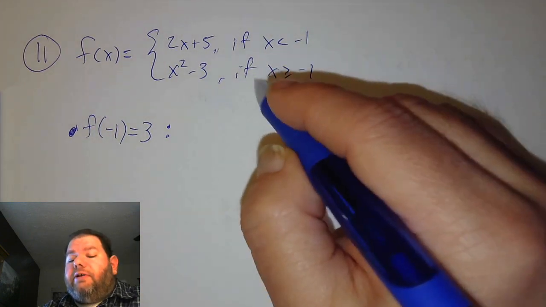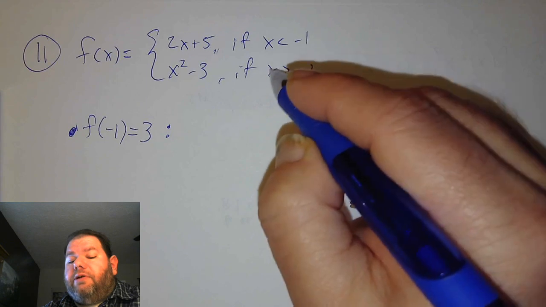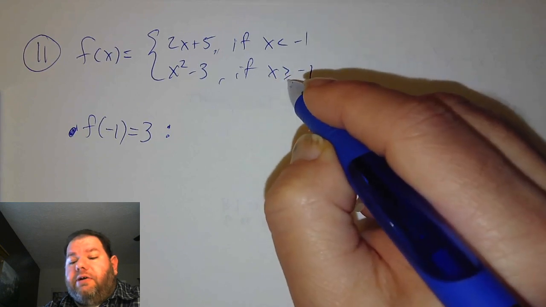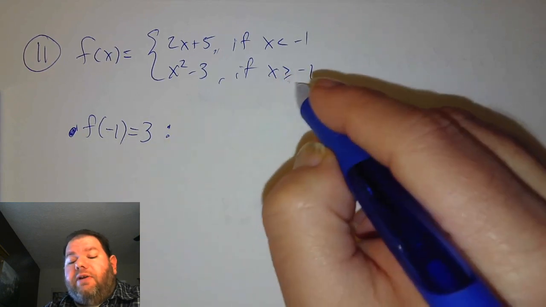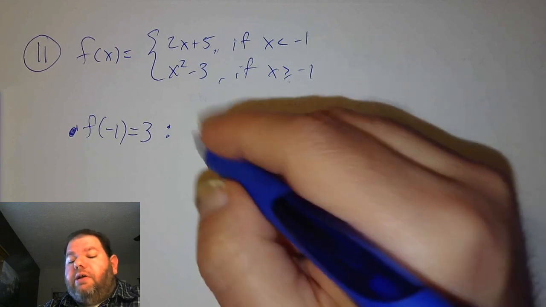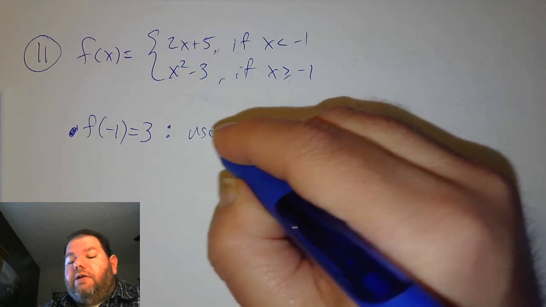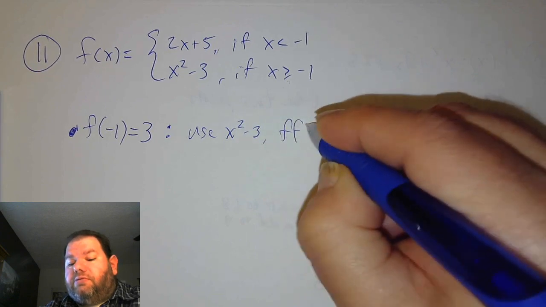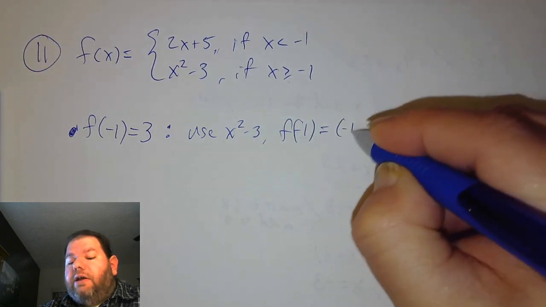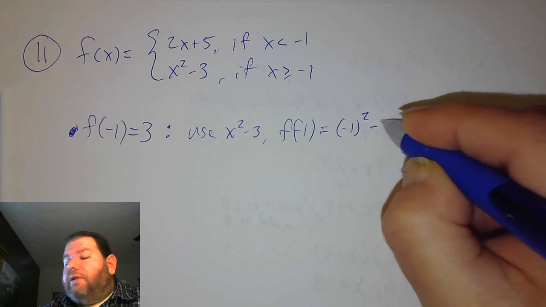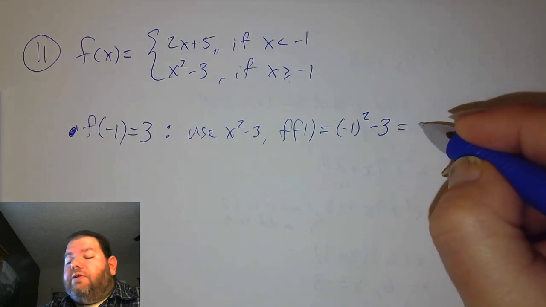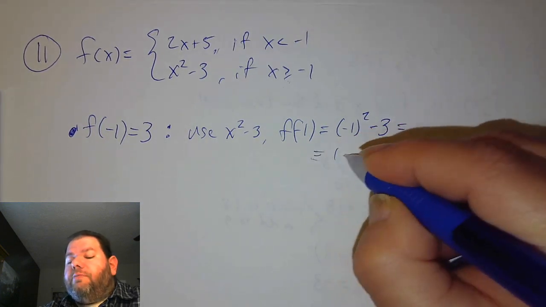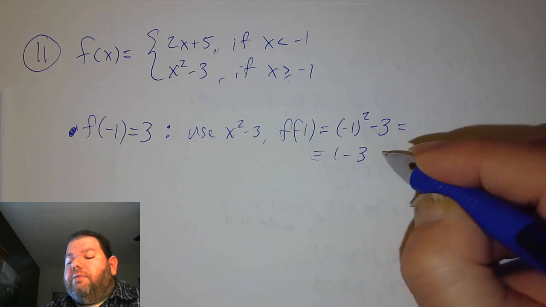So this is x greater than or equal to negative 1, so we'll plug it in here, because negative 1 is equal to negative 1. So we use x squared minus 3. F of negative 1 is negative 1 squared minus 3, which is 1 minus 3, which is negative 2.